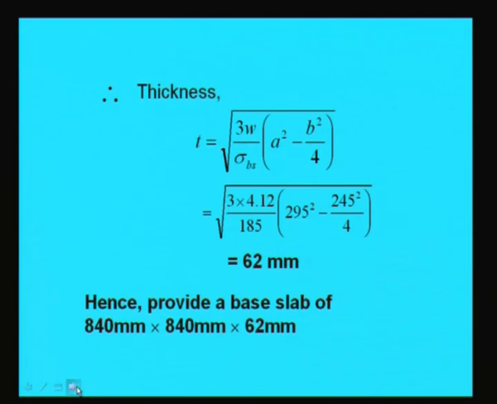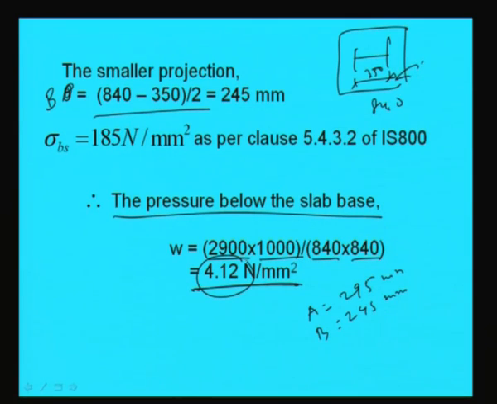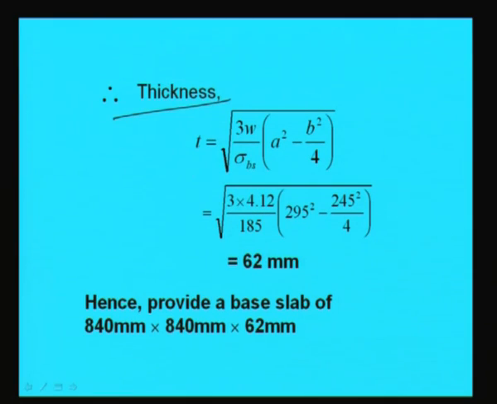Then the other thing is the thickness. Now we know the pressure W is 4.12, so on that basis we can find out the thickness from the formula. If this is A and this is B, we can write T equal to square root of 3W by sigma Bs into A square minus B square by 4, which is square root of 3 into W, where W is 4.12, sigma Bs is 185, A is 295 and B is 245.